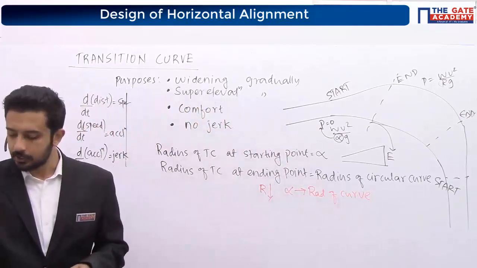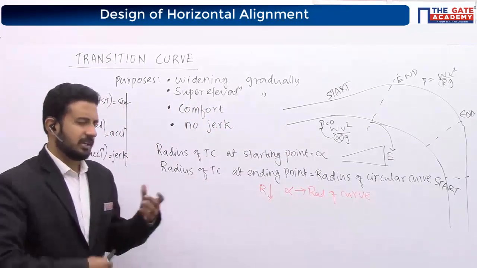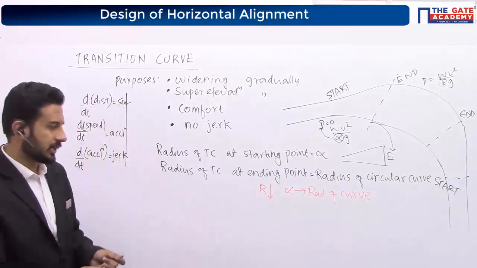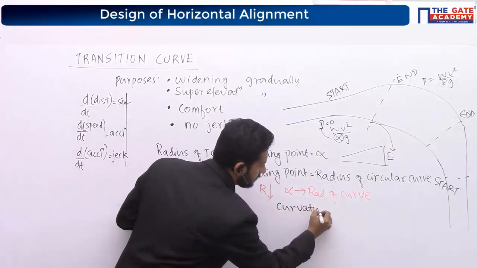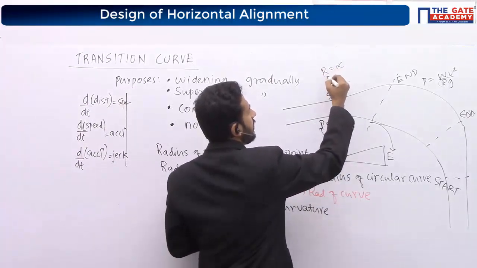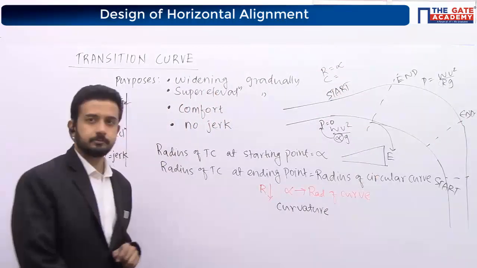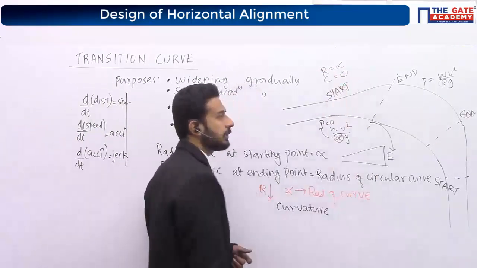I told you what curvature is: 1 by radius. If they want to use such a curvature equation, what will be the curvature if the radius is infinity? 1 by r, so it will be 0.